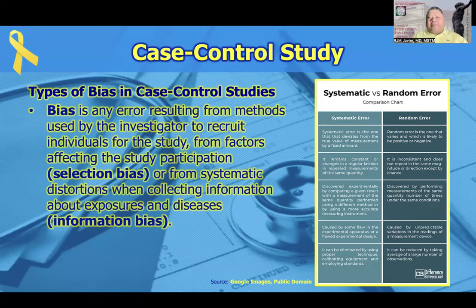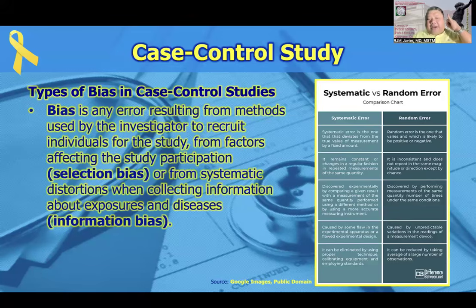So again, biases in general, which are systematic errors, can be divided into your selection bias or your information bias. Again, please do not get overwhelmed. The concept of bias and errors will be further discussed in sophomore year, but for purposes of understanding the strengths and weaknesses of your observational analytical study designs, I am just giving you an overview of what bias and errors are all about. Again, errors are divided into your systematic and your random errors. Random errors are due to chance, and so it can shift the relationship in either direction.